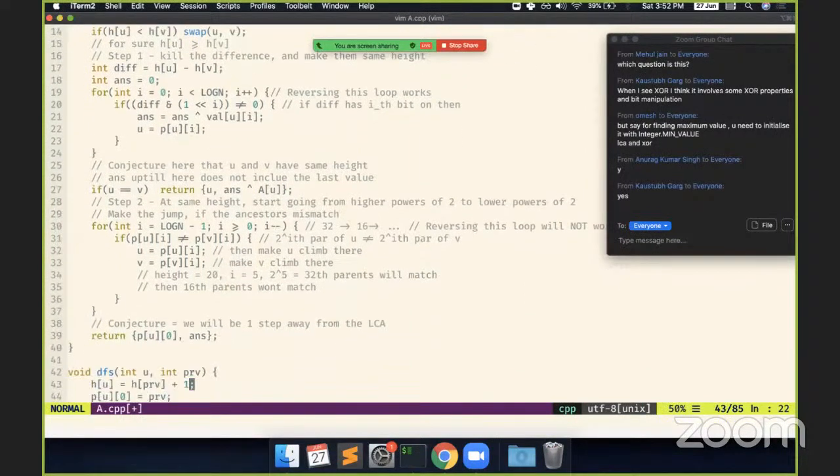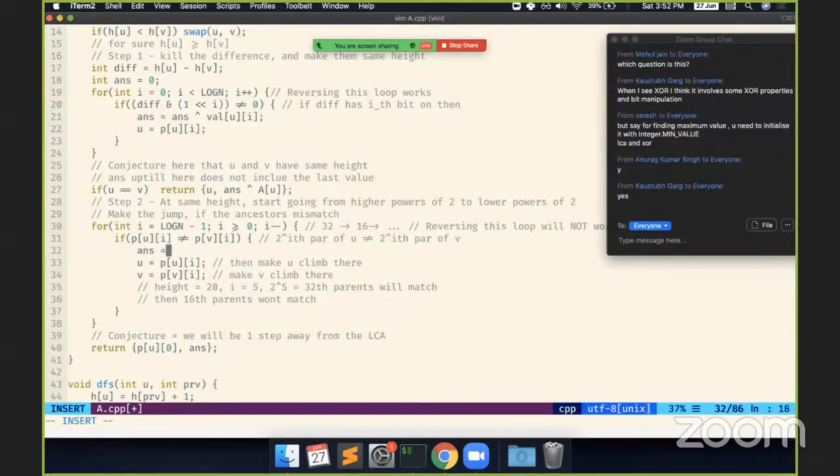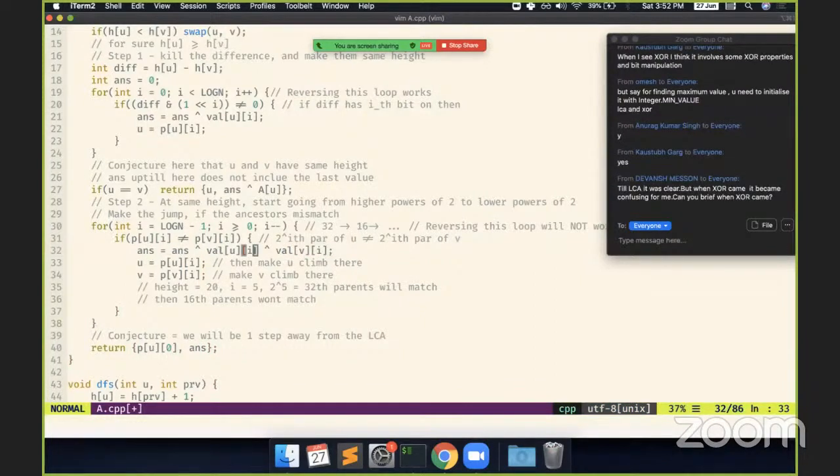Right? And then, here, when you are jumping, only then you should update your answer. So when you jump, what will you do? You'll do answer equal to answer XOR val ui XOR val vi. Whatever answer we have on the paths, just aggregate them with the new jumping path answers that you're getting, which are val ui and val vi.